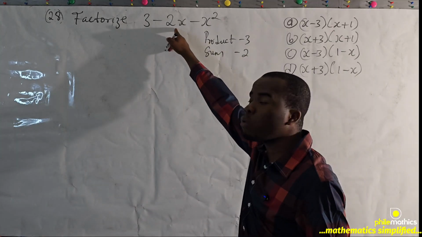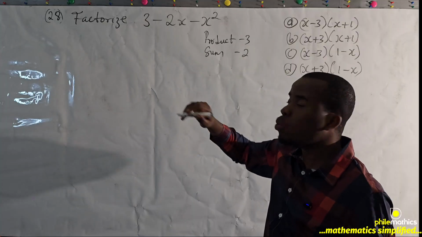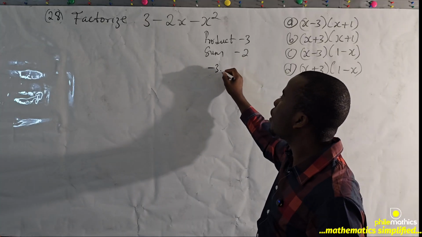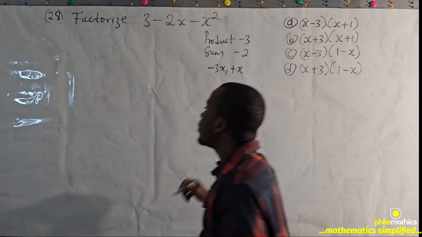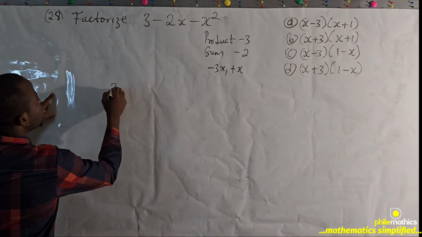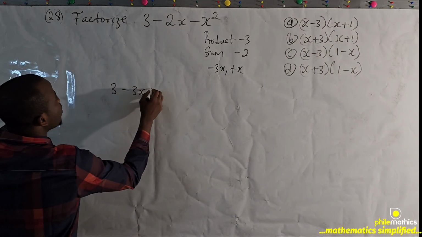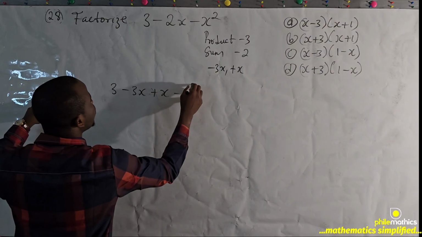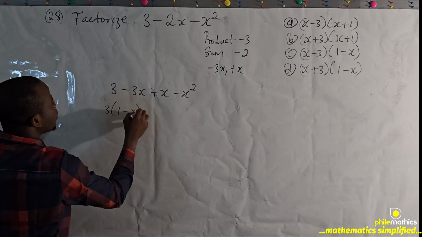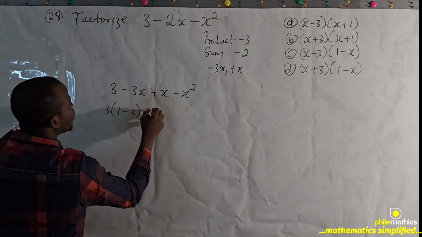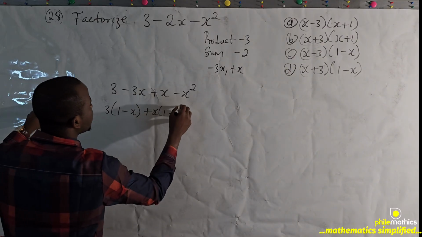So in place of minus 2x, we substitute minus 3x and plus x. So we'll have 3 minus 3x plus x minus x squared. 3 is common, 3 times 1 minus x, plus x times 1 minus x.